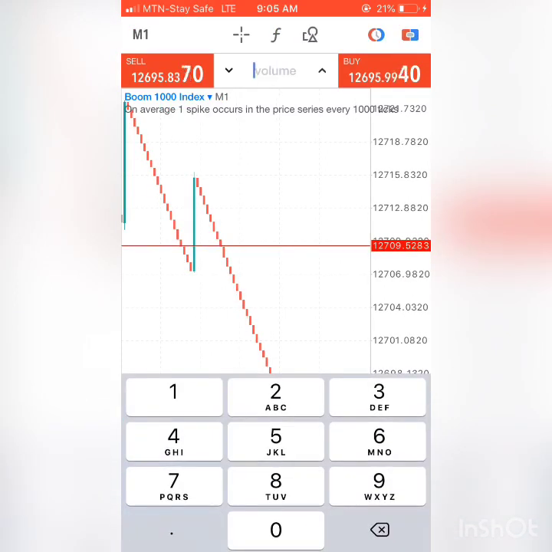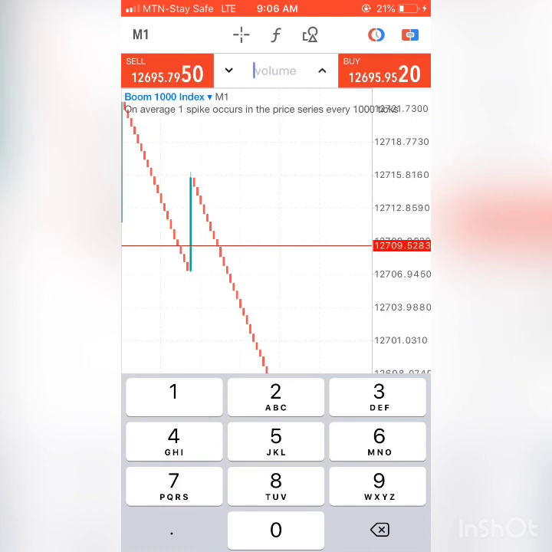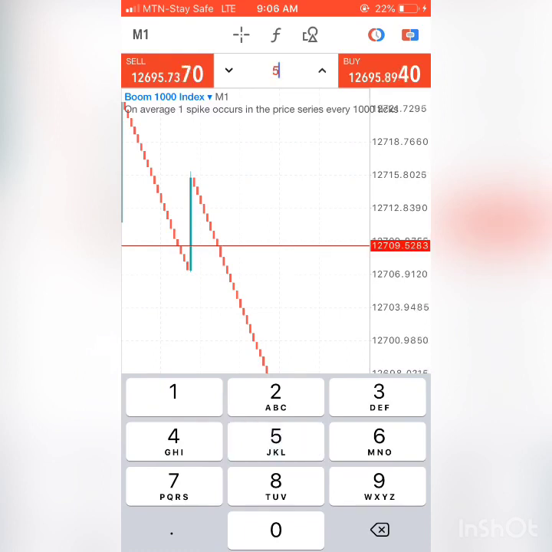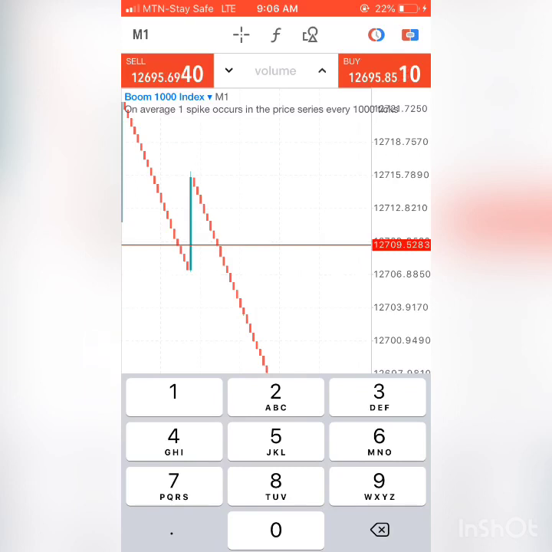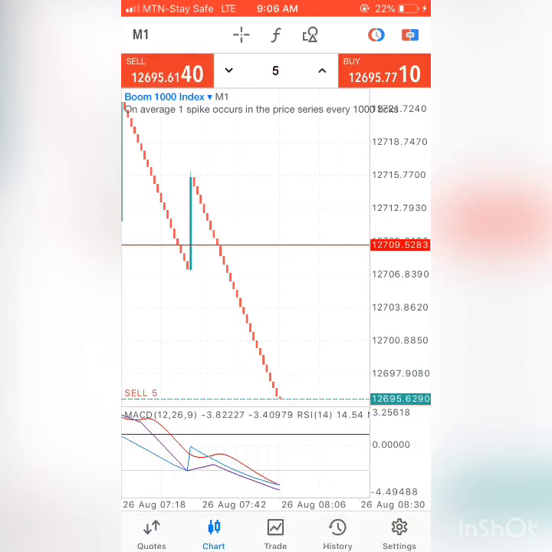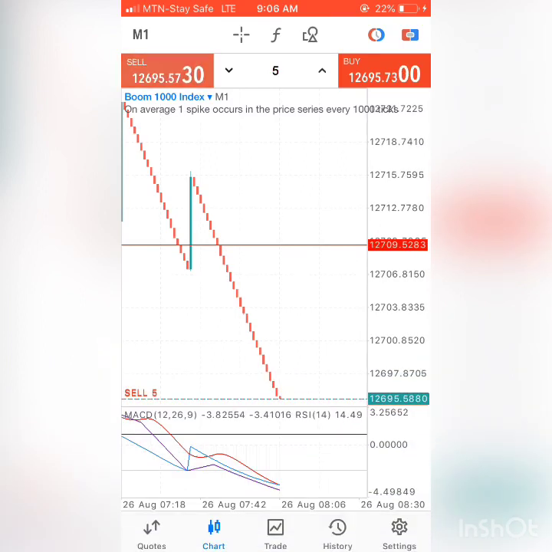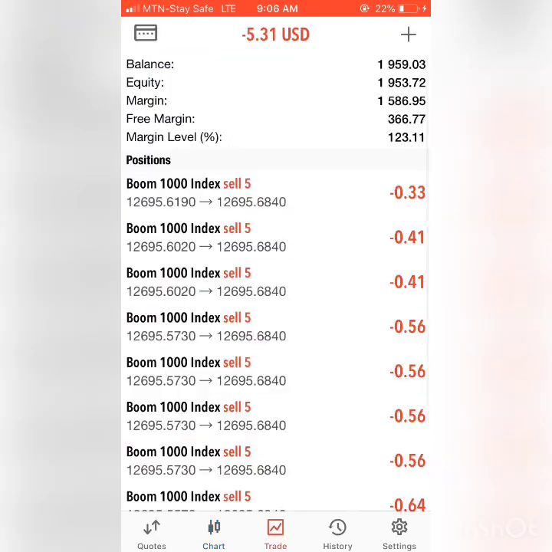Now let me show you the perfect thing to do. I'm going to be scalping with 5 lot sizes each. So what I do now is sell. So I've opened 10 positions.